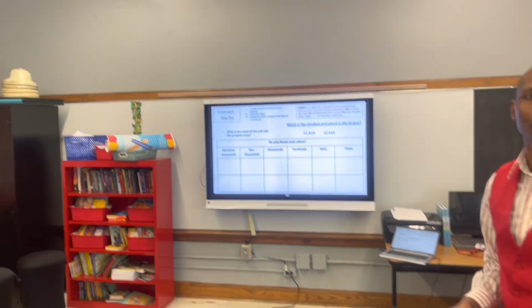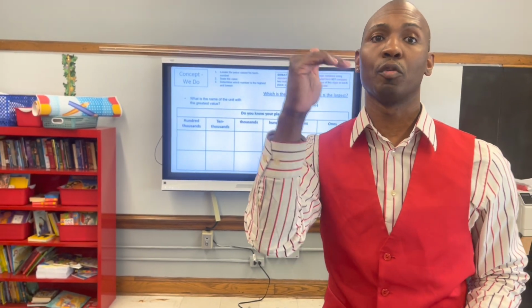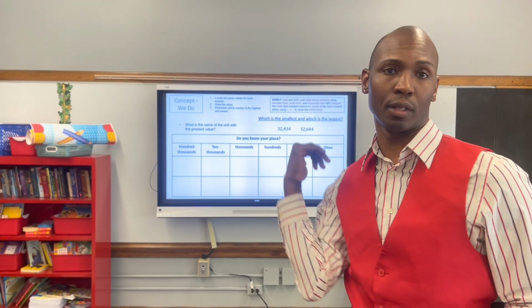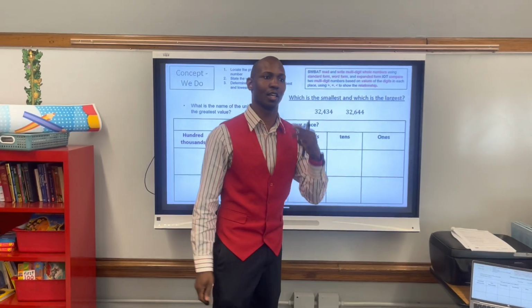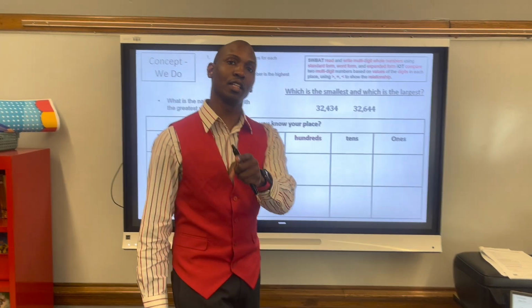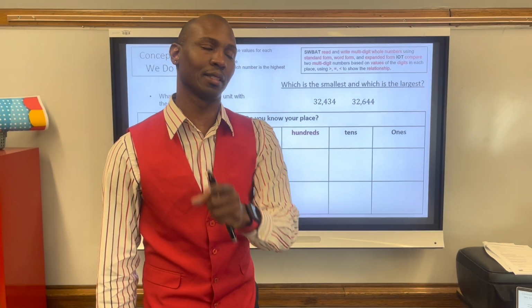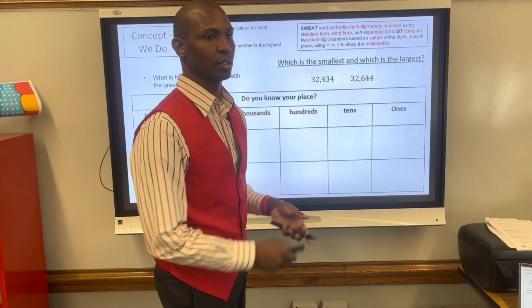What would be different in this portion of the lesson than what we did in the previous PowerPoint, when we had those checking for understanding questions, is that at this point they should be able to articulate place value because we've done it in the previous set. Now they need to be able to articulate the difference. They know to recite standard word form, and they should be able to tell me where those differences lie.